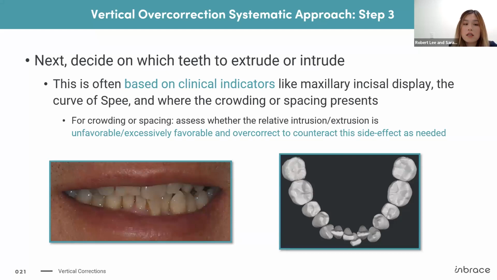In this case, you can see the patient doesn't have much of an upper incisal display. And based off of the lower crowding, you do anticipate a lot of relative intrusion on the lower arch. So you can think that you will split the overcorrection between the upper and the lower arch.